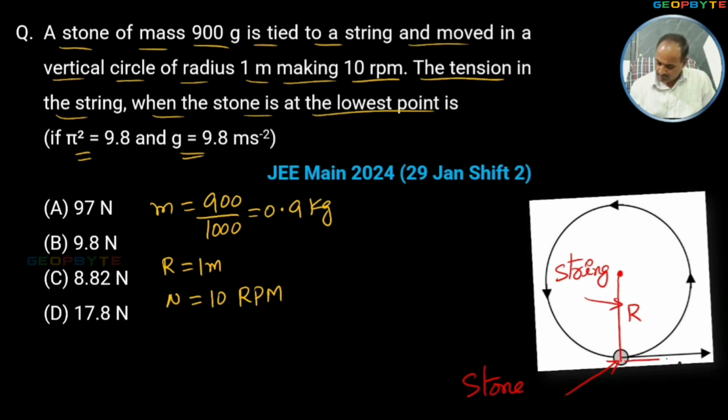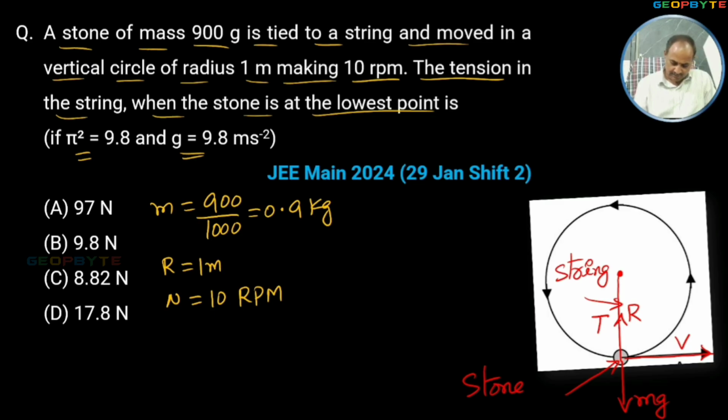Let me draw it clearly. I am marking a tangent. That tangent is representing the linear velocity v. Okay, and the tension developed. Self weight is acting vertically downwards with a magnitude mg at the bottommost position, and the tension is developed vertically upwards.